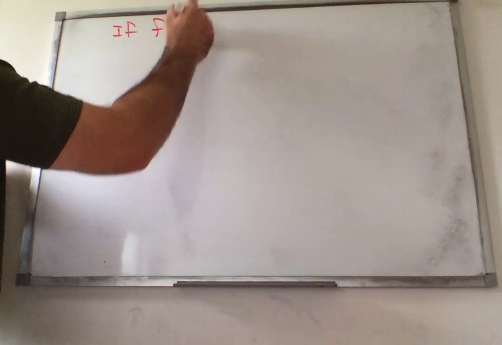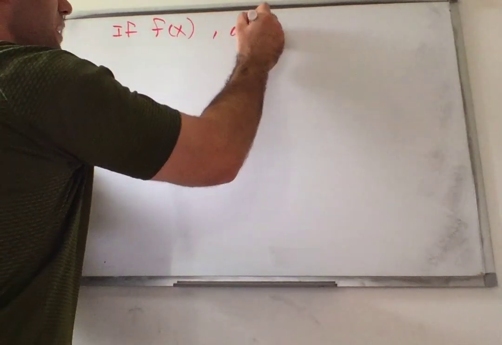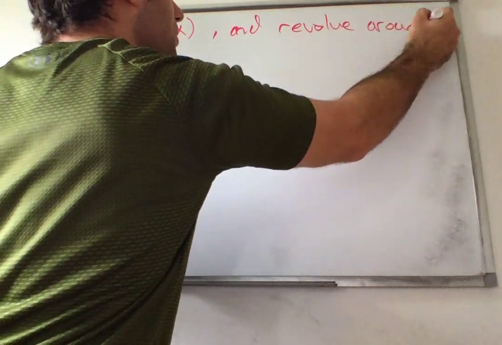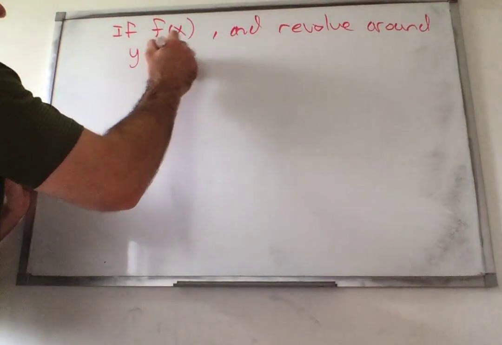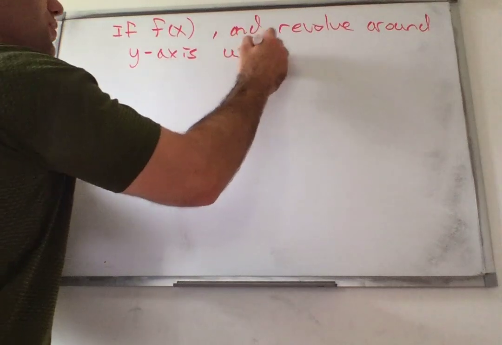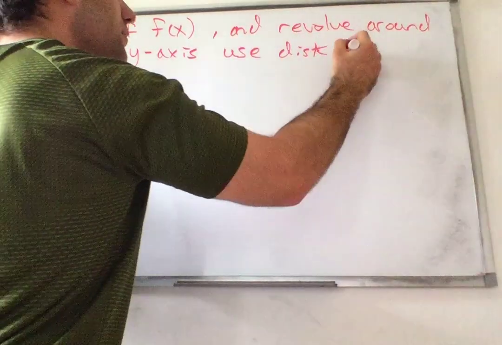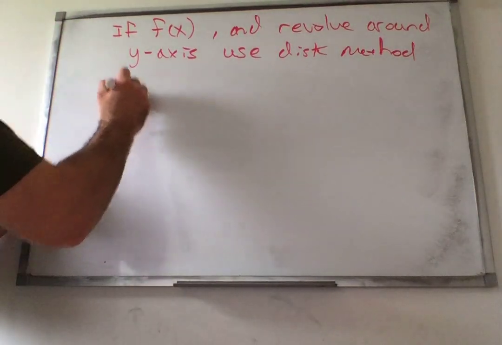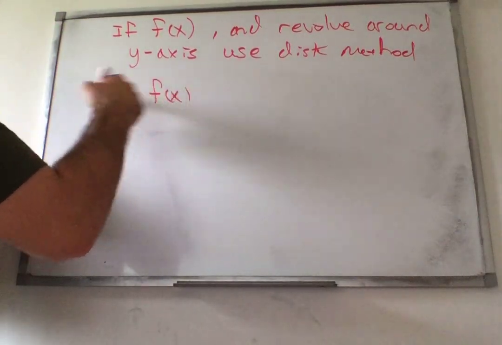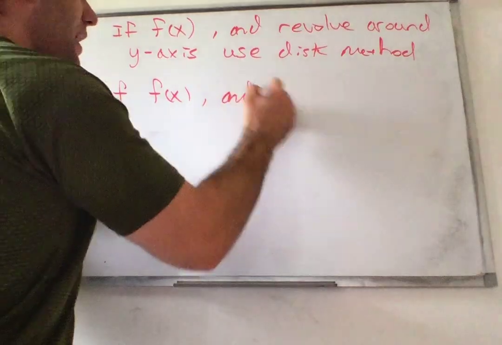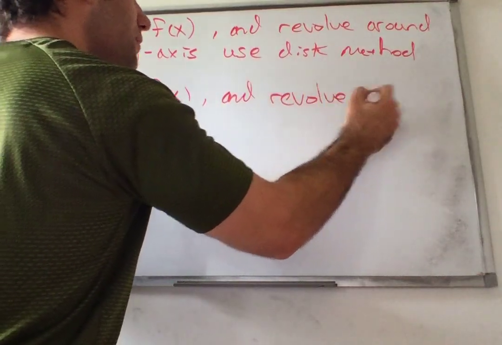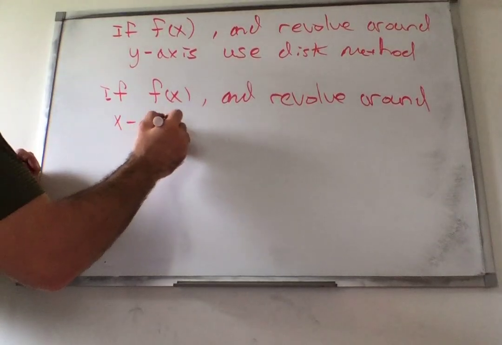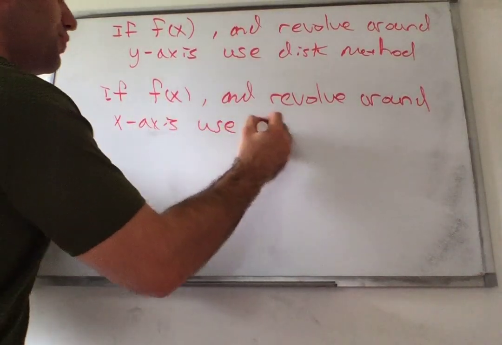If you have a function of x and revolve around the y-axis, use disk method. If you have a function of x and revolve around the x-axis, use shell method.